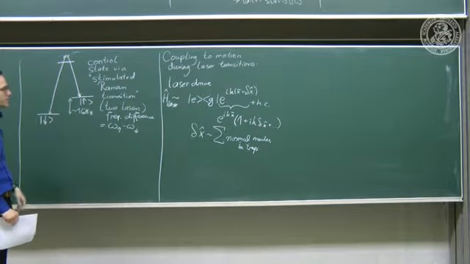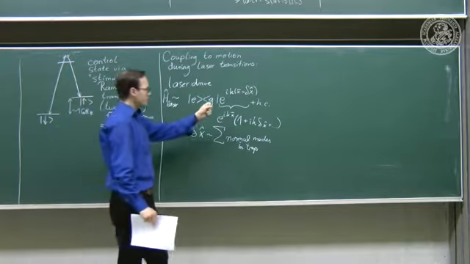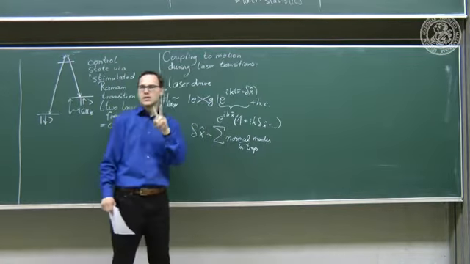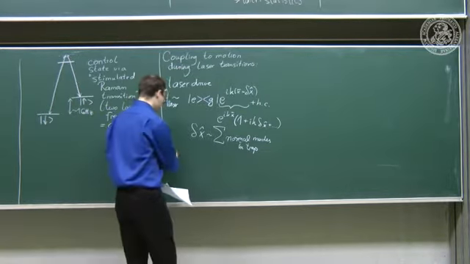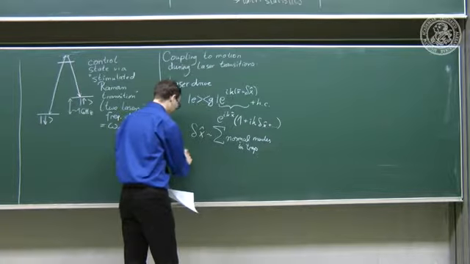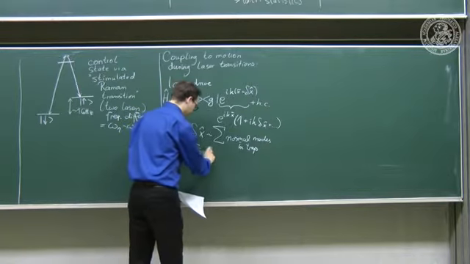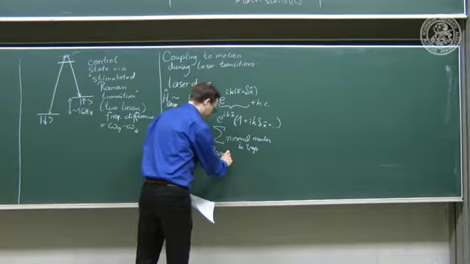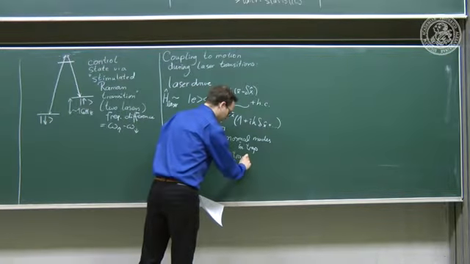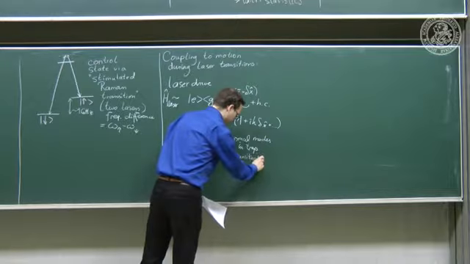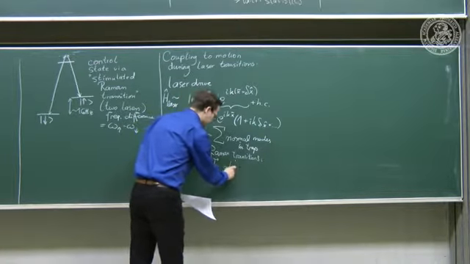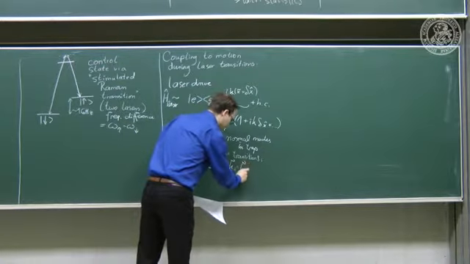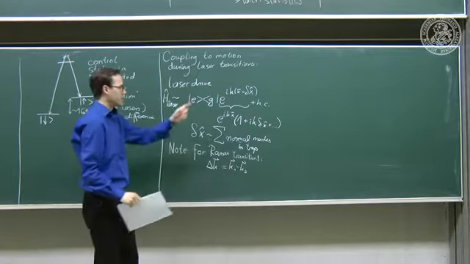Now for the two-laser transitions, for those stimulated Raman transitions, it turns out that what matters here instead of k is just the difference of the wave vectors. So I could say delta k is k1 minus k2, and then that would enter this.